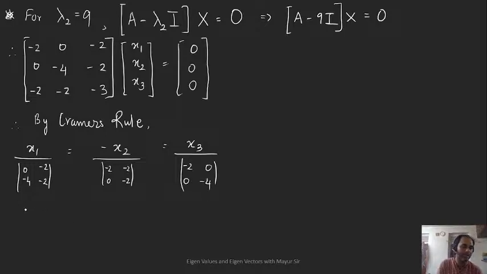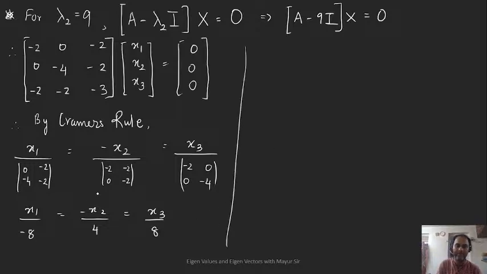So x1 over, how much will we get, is minus 8, minus of x2 divided by, here it is 4, right? Minus 2, yeah, minus 2 is plus 4, so that is there. For x3 we will get 8. So again we reduce the common factor.